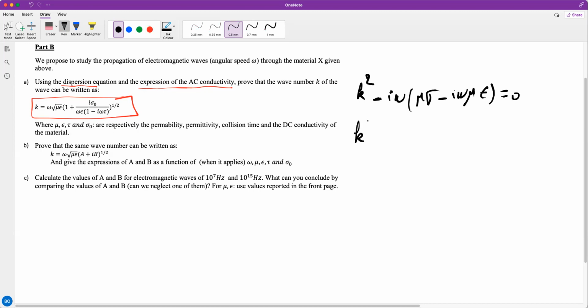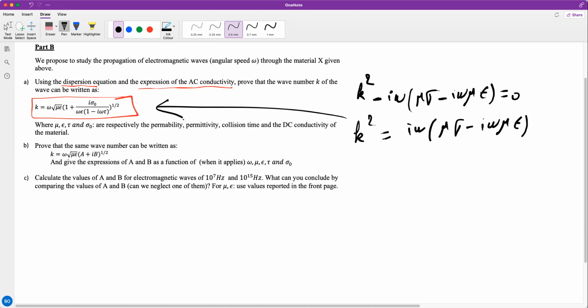So K squared is equal to I omega mu sigma minus I omega mu epsilon. And I want to write this as a function of this. Well, the first thing, let's develop. So K squared is equal to I omega mu sigma. I times I is minus 1, so it will be plus omega squared mu epsilon, right?